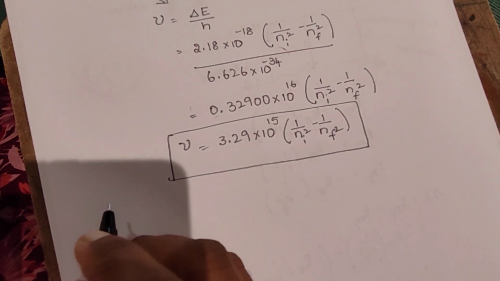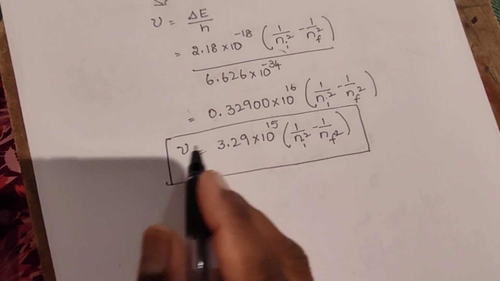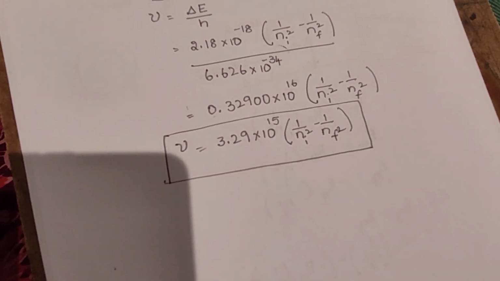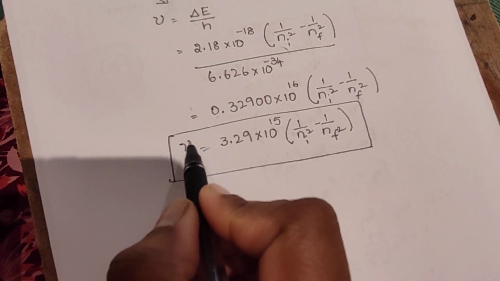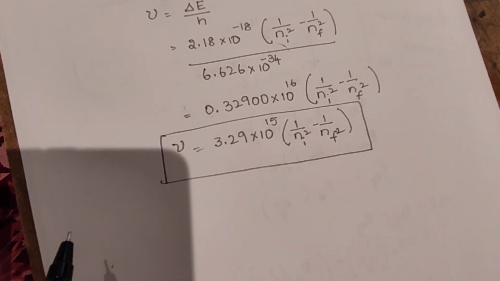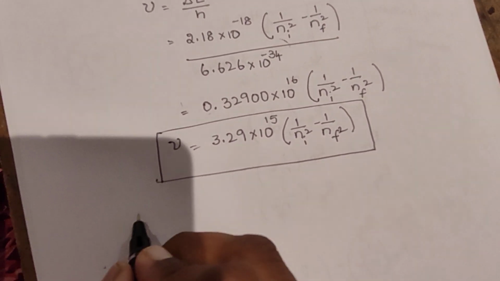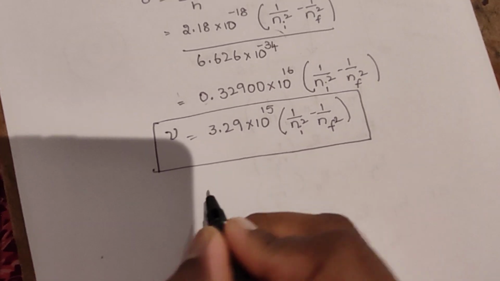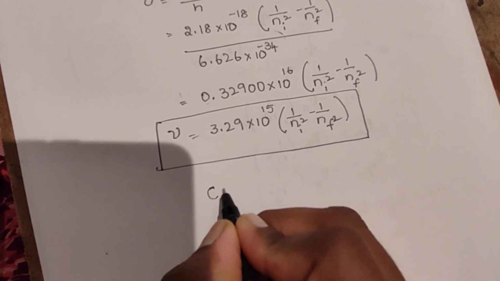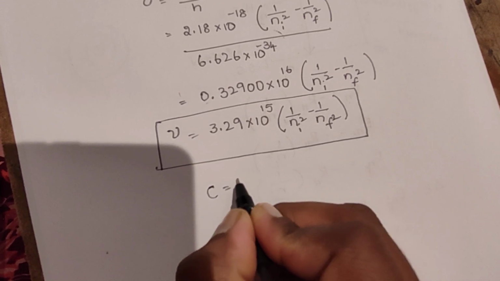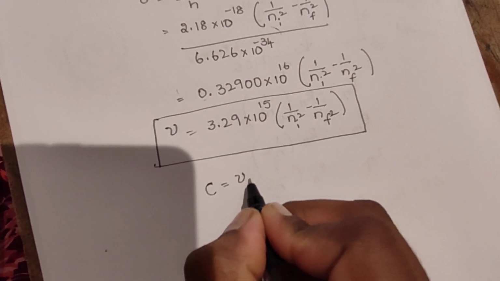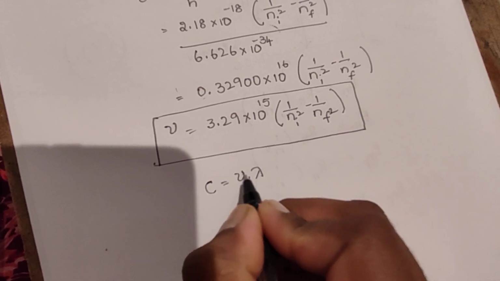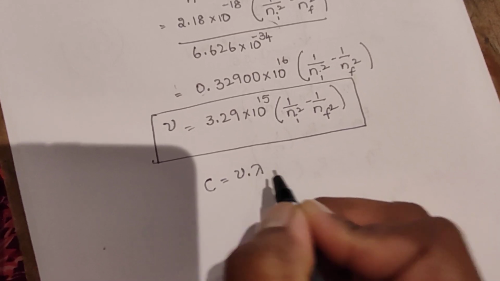And in terms of wave number, if we express the frequency, by using the frequency, we can calculate the formula for wave number. So we know the formula, velocity of light c is equal to nu into lambda, frequency into wavelength.